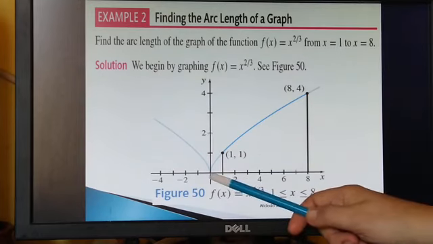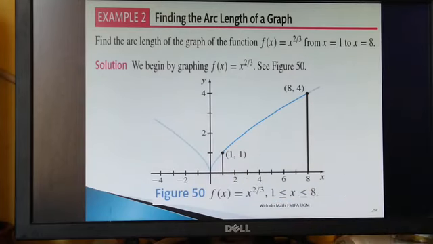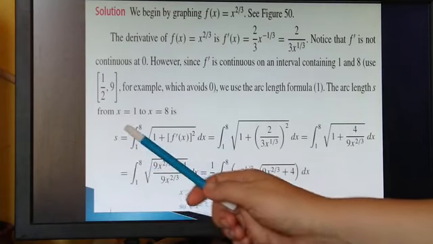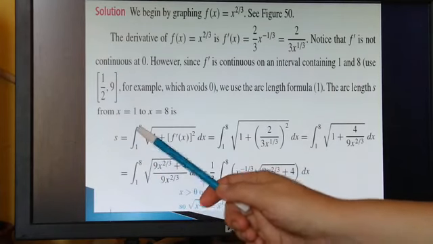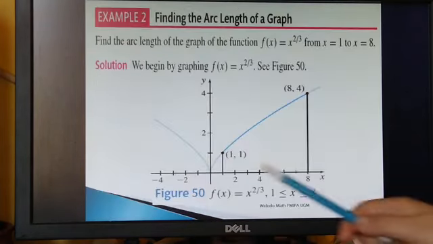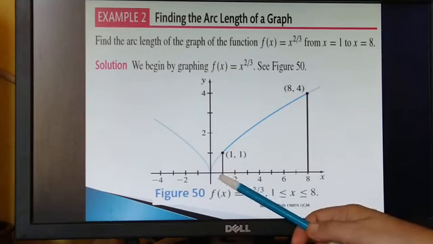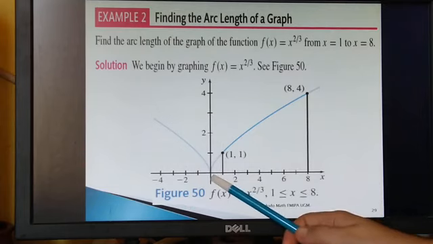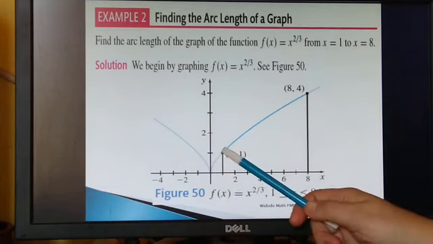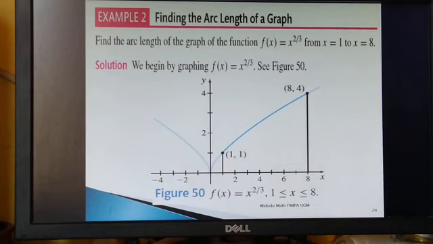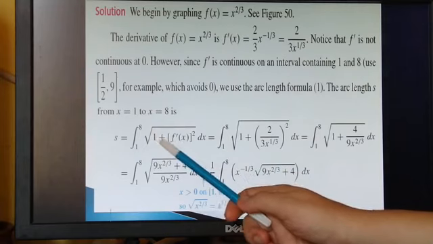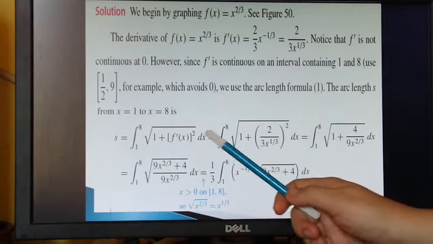By using that formula, the arc length s is equal to the integral from 1 until 8 of the square root of 1 plus f prime x squared dx.